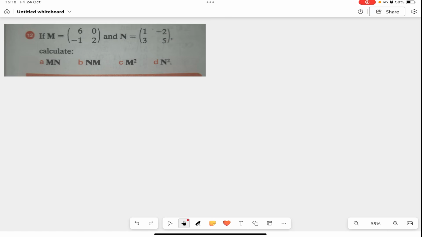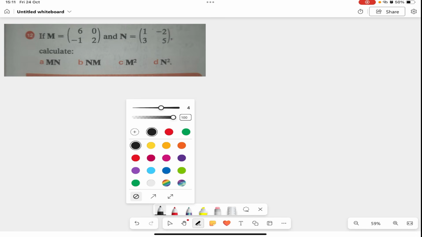If I underline the first row, you have your first row to first column, then you have your first row again, still 6, 0, to the second column, then you have your second row to first column and second row to second column, something like that.